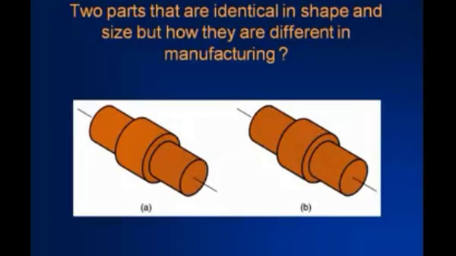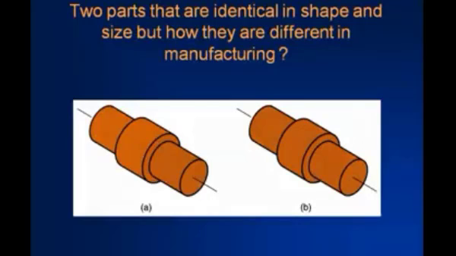Here you can see two parts that are identical in shape and size. But the question arises of how they are different in manufacturing. They have the same shape, size and dimensions, but they are different in manufacturing.